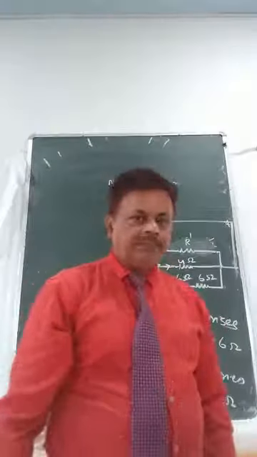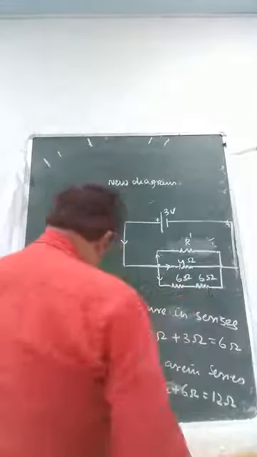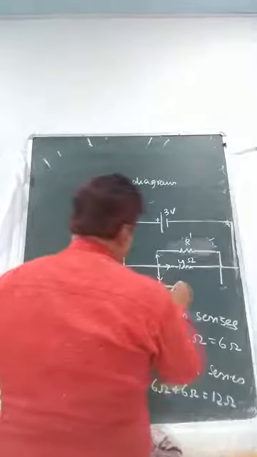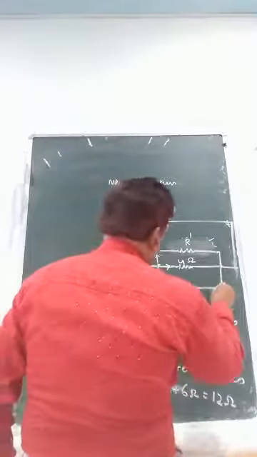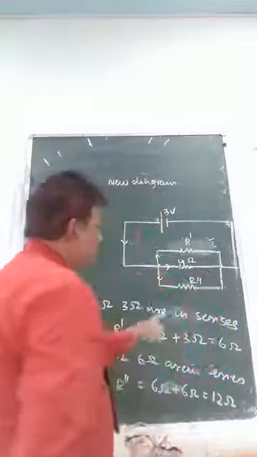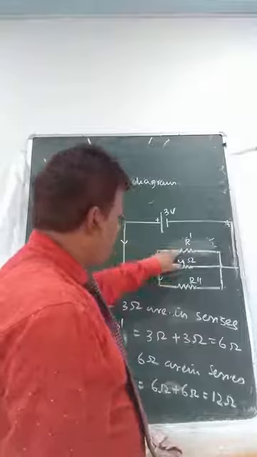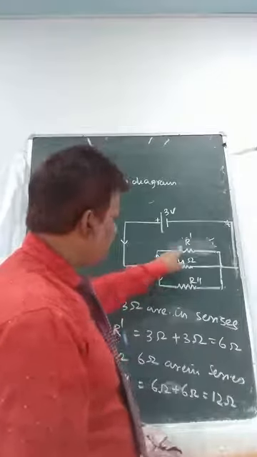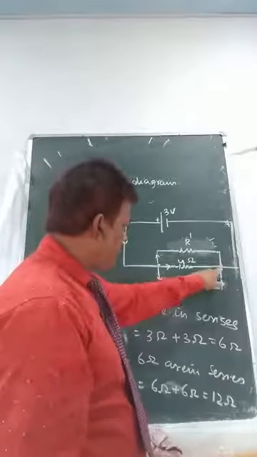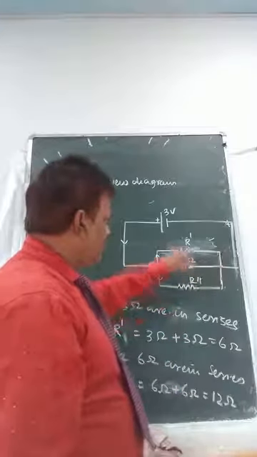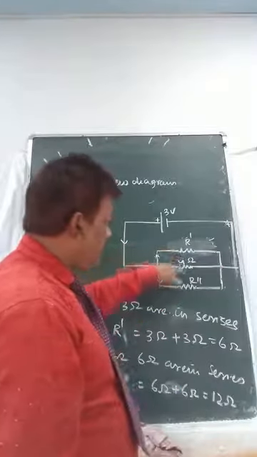These two combined became one, R double dash. Now what is the new situation? These three are in parallel because from the junction one piece of wire is going, another piece of wire is going, a third piece of wire is going. Means conductors are going. So these three are now in parallel.